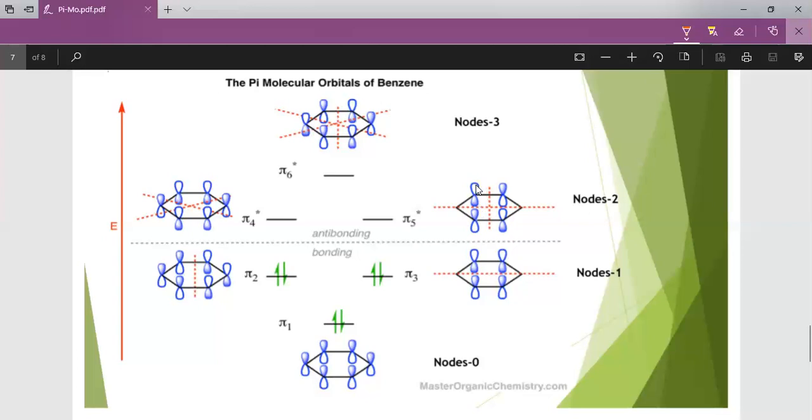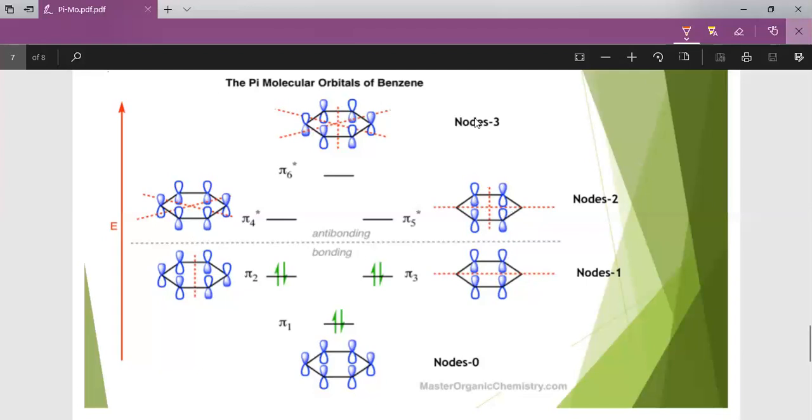Similarly, this lobe with negative charge and this lobe with positive charge, due to the passage of the node, are showing anti-bonding interactions. Again here, this one above the plane with positive charge and this one above the plane with negative charge are showing anti-bonding interactions due to the passage of the node. Again below the plane, these two are lined up in the same manner, hence they are showing the bonding interaction. So in the case of the Ψ5 energy level, we can see two bonding interactions and two anti-bonding interactions.